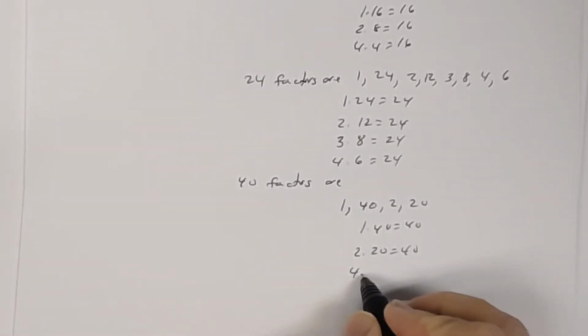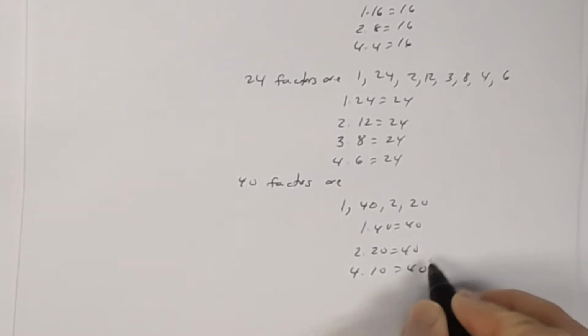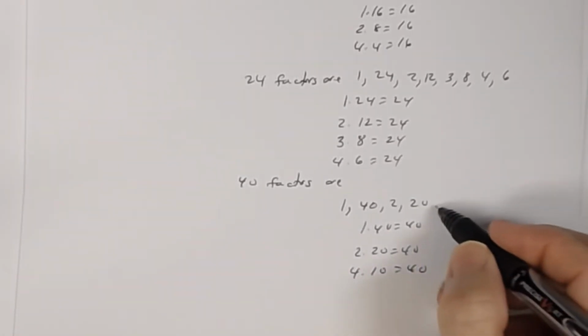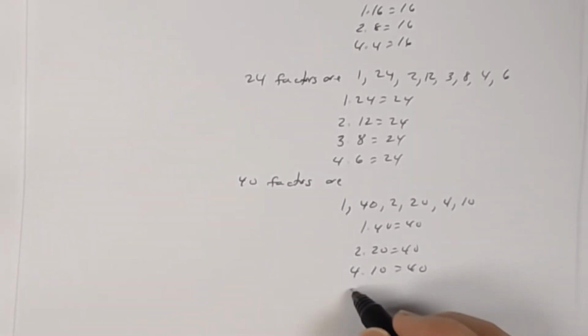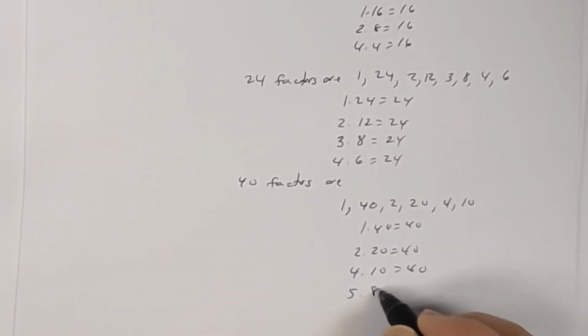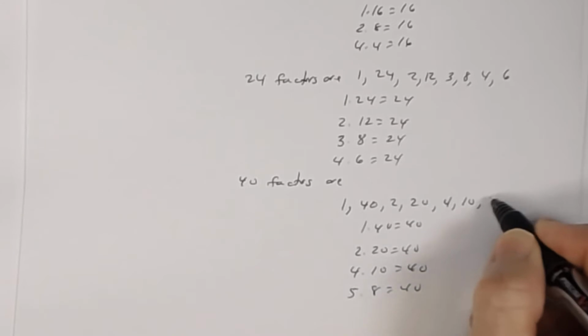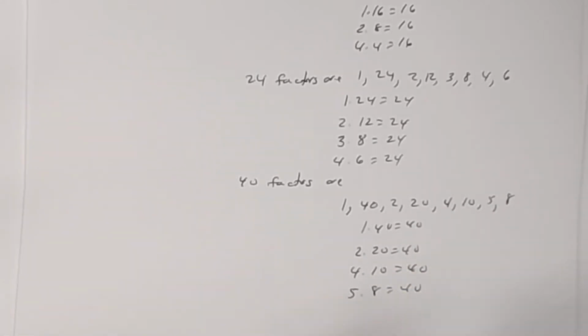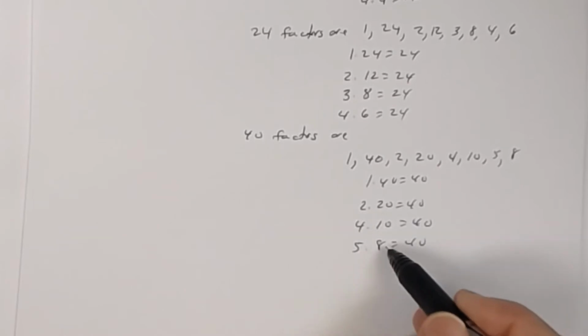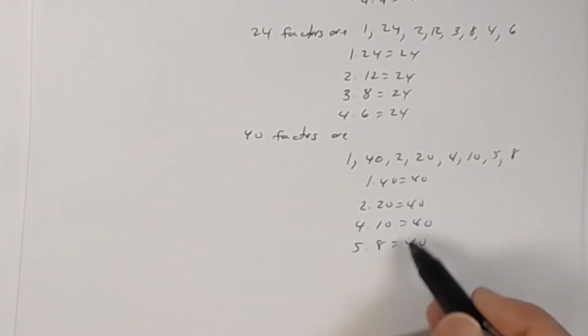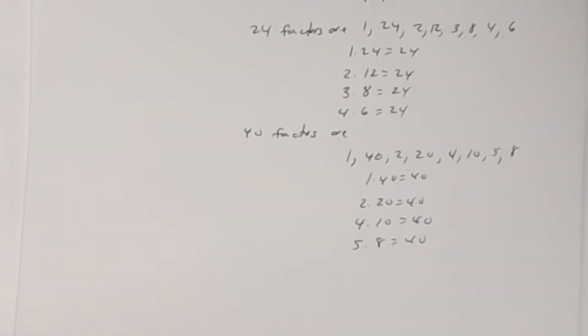Then we say 4 times 10 is 40. 4 is a factor of 40, and 10's a factor of 40. Then we can say 5 times 8 is 40. 5's a factor of 40, 8's a factor of 40. And let's see, I think that may be it. So that's all the factors of 40.